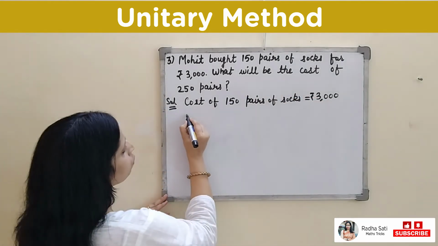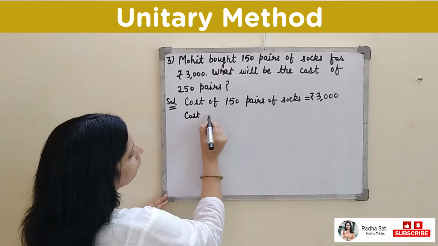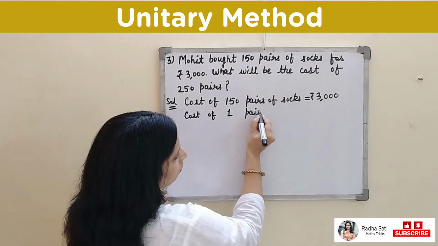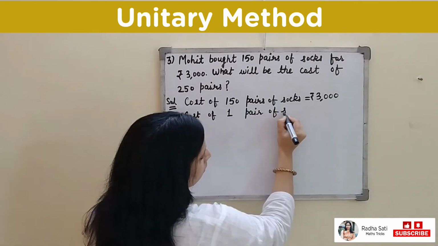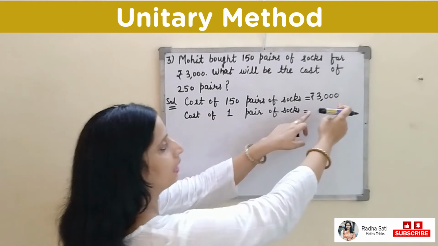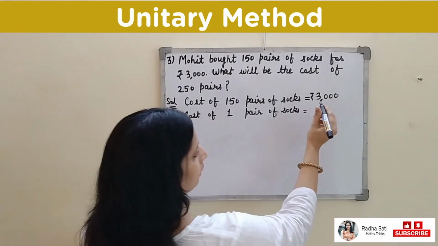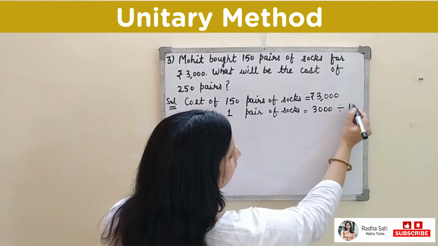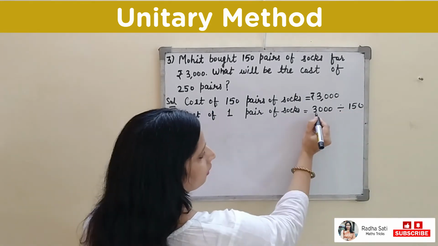So cost of one pair of socks. So to find out this, we will divide this by 150. This means 3000 divided by 150.